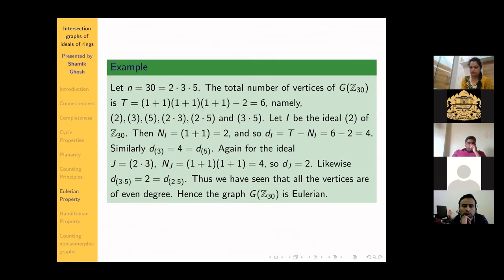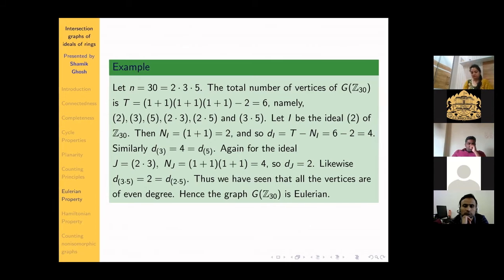Degree of 2 into 3, 2 into 5, 3 into 5 are of degree 2, and 2, 3, 5 are of degree 4. So all the vertices are of even degree, and so the graph is Eulerian.